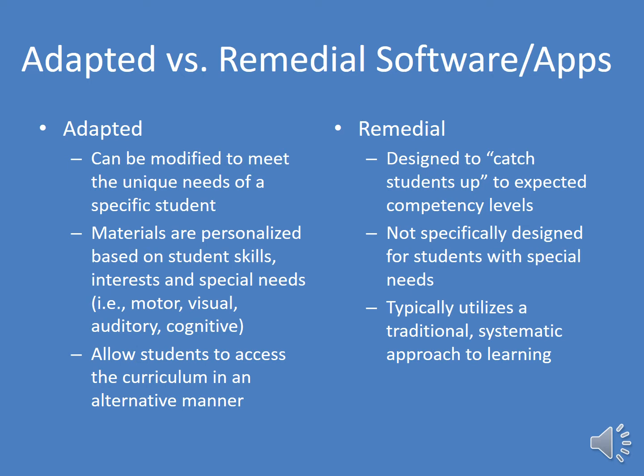Remedial software, on the other hand, is designed to help the student catch up to the expected competency levels. So it's not necessarily designed specifically for students with special needs, but it can be used with students, say, with mild learning disabilities or delays, to help them catch up, utilizing a traditional systematic approach to learning.